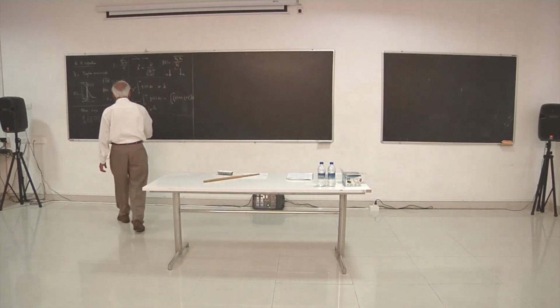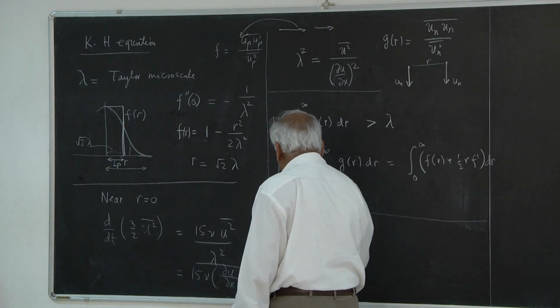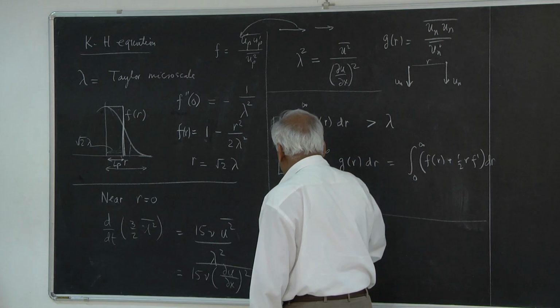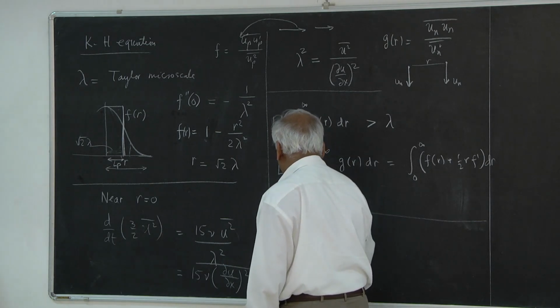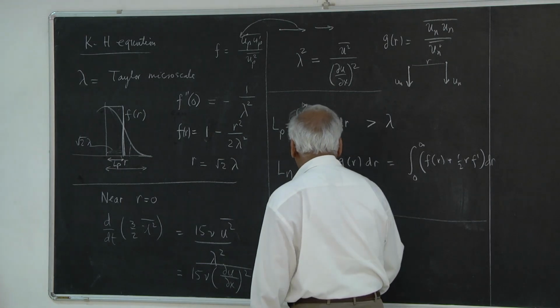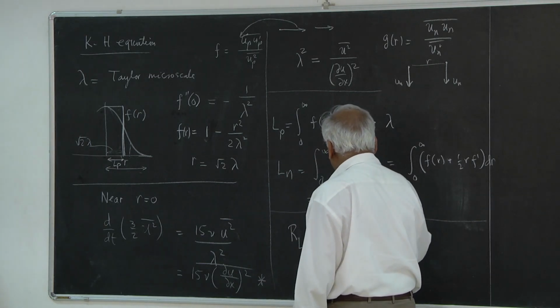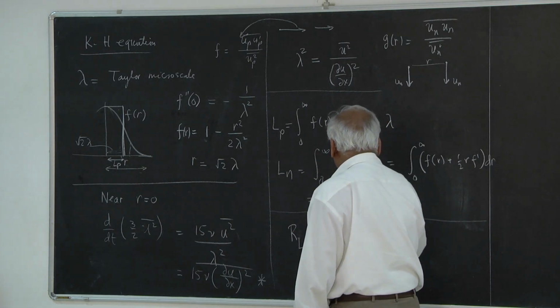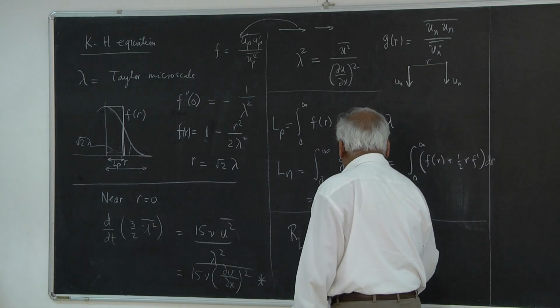So now you are at liberty to define the Reynolds number of the flow. Say Re_LP, if you like, is u' times L_P by nu.